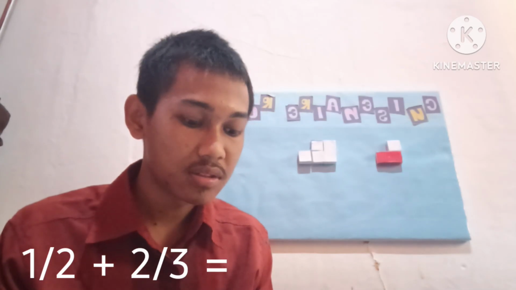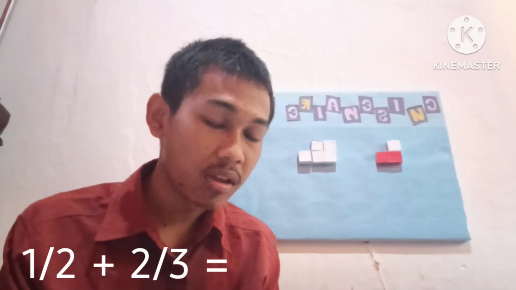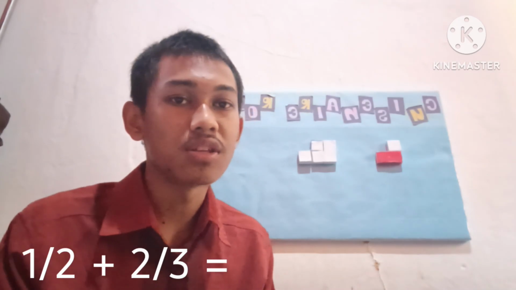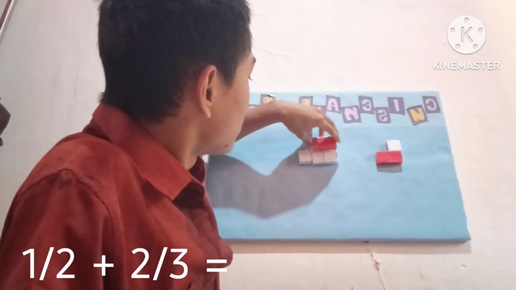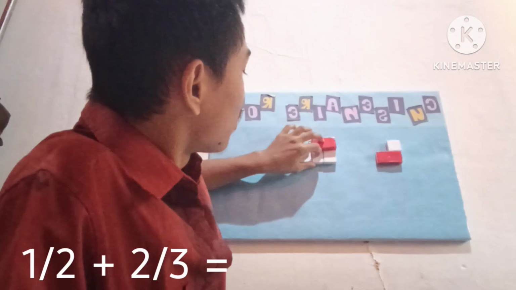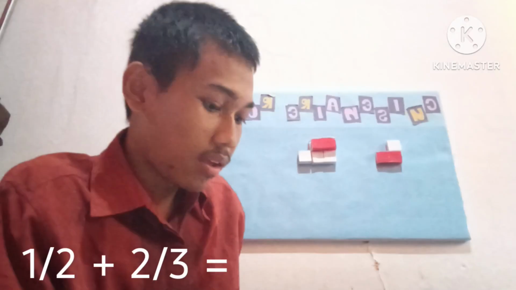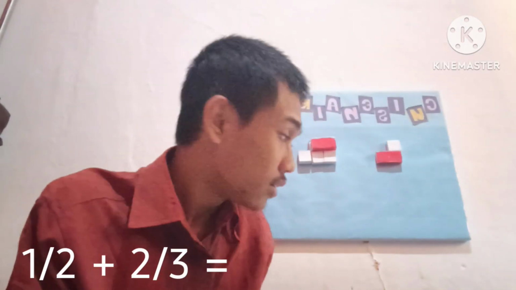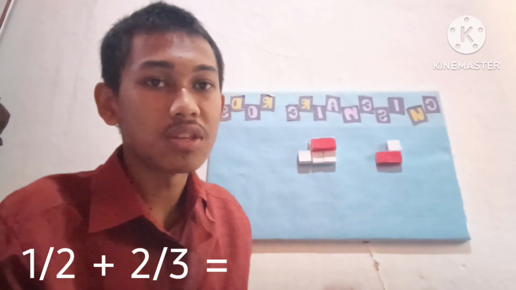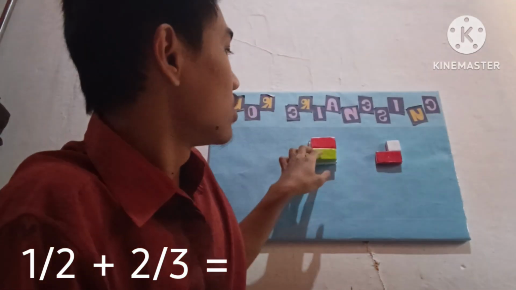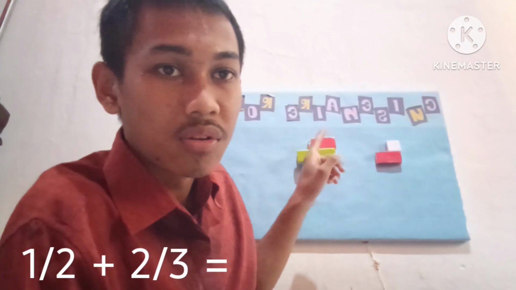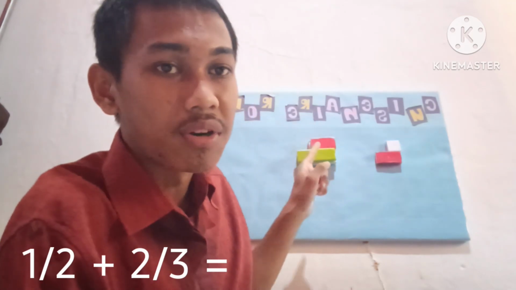As I explained before, 2 white rods are equal to 1 red rod. And 3 white rods are equal to 1 light green rod. This is equal to 2 over 3.